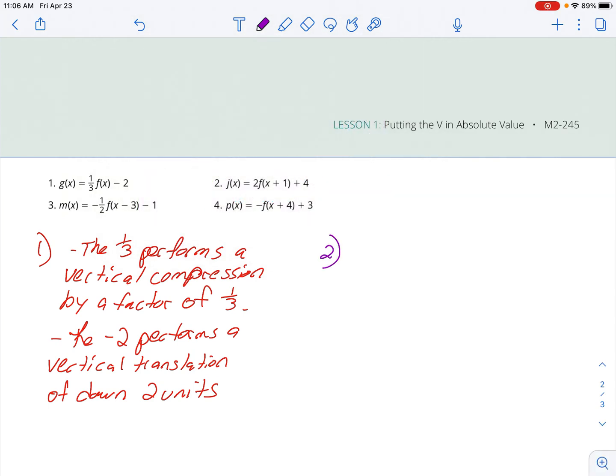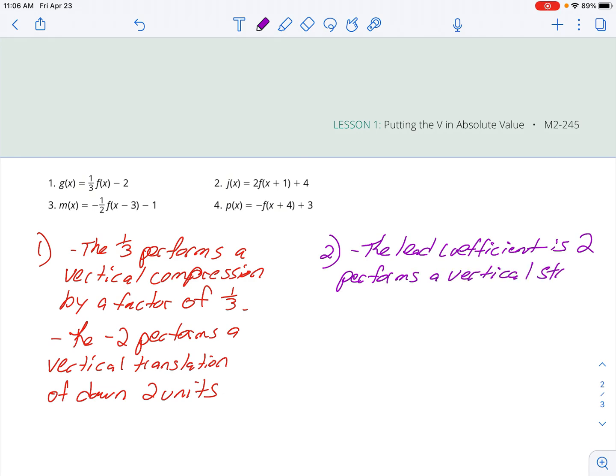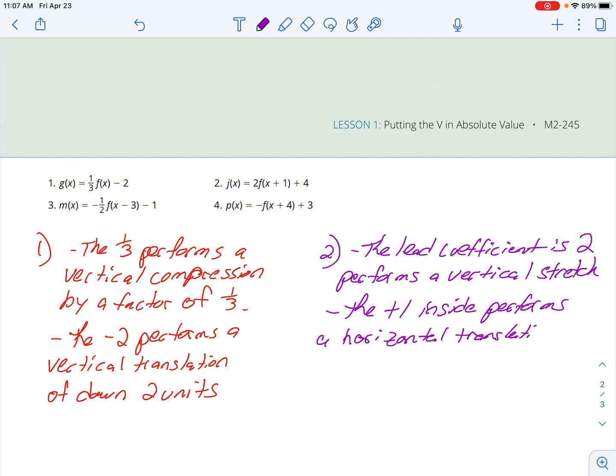Number 2, the lead coefficient being a 2, so the lead coefficient, that's just the number out in front, is 2, performs a vertical stretch. So it's going to get more narrow than the parent function. The +1 inside performs a horizontal translation.